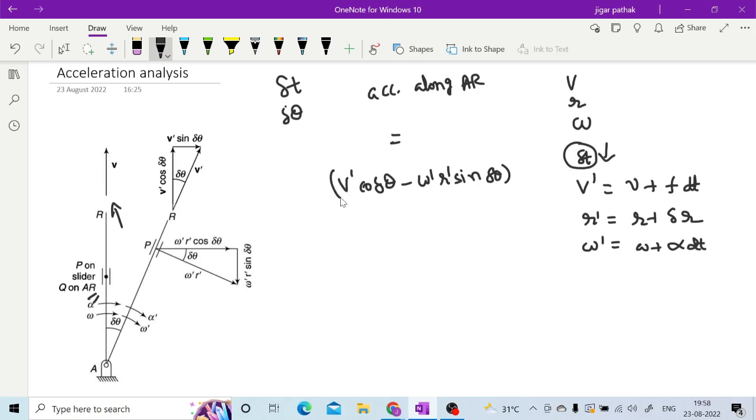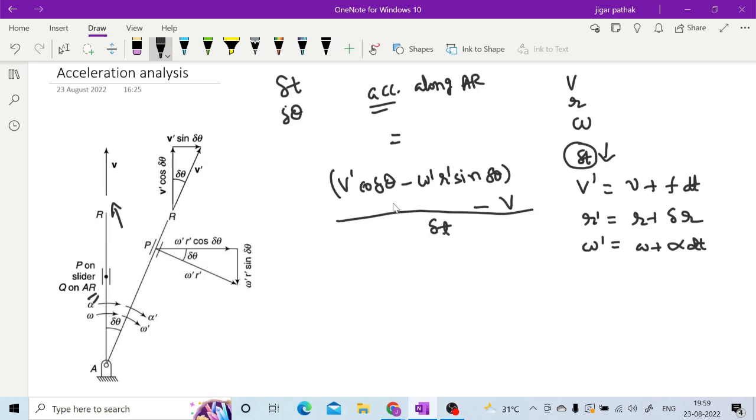This is after this delta t time. Previously it was v only, as mentioned here. So this is the change in velocity, and with delta t in the denominator it will give you the acceleration along AR.